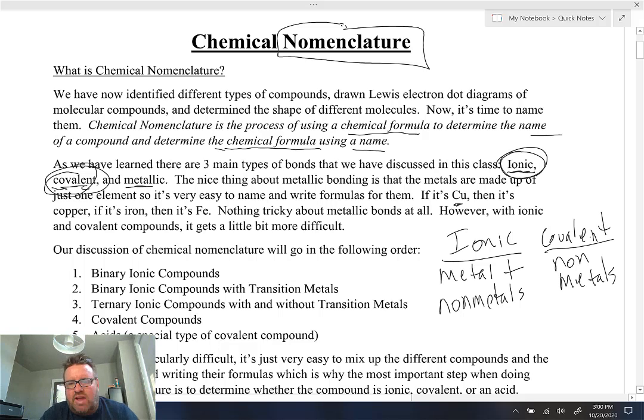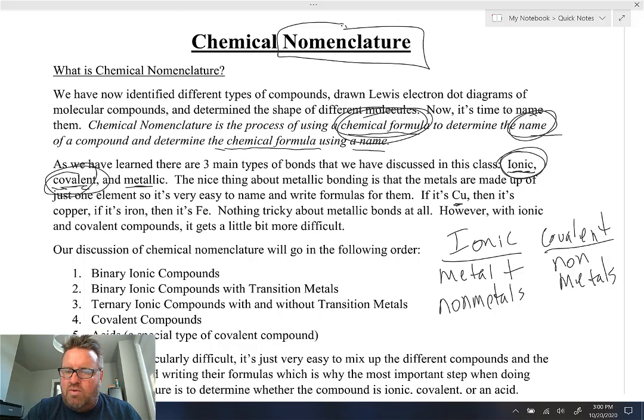So the first thing you're going to have to do, whether I give you a chemical formula or a name, is identify it. Is this an ionic compound or is it a covalent compound?